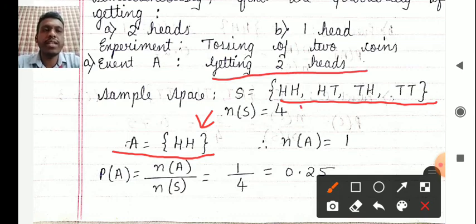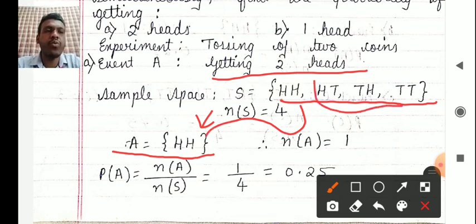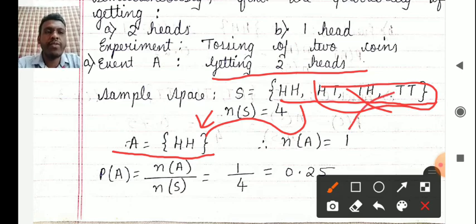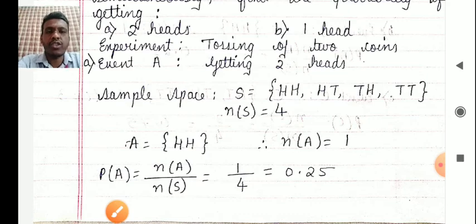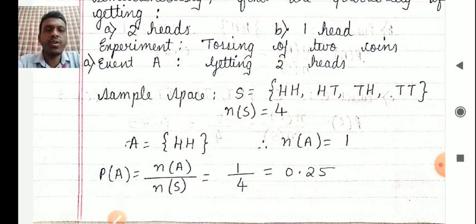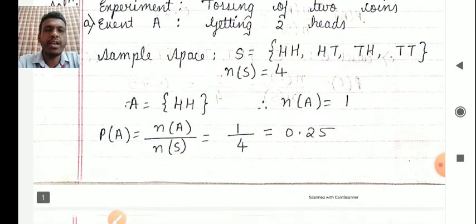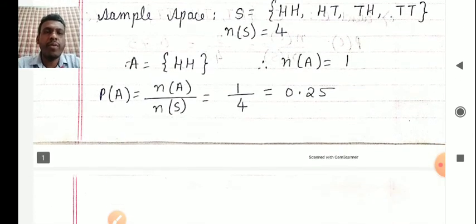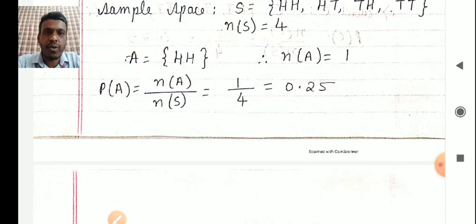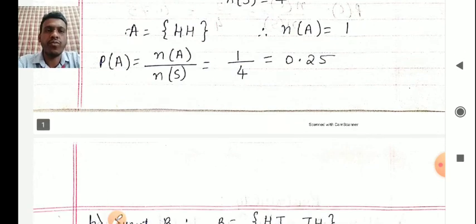Where are the two heads coming in this? One is this. Is there any other place where we are getting two heads? No. So only one item will come here, and that is H comma H. Therefore n(A) is equal to 1. Once n(A) equals 1, probability of A is equal to n(A) upon n(S), which is 1 upon 4, equal to 0.25.